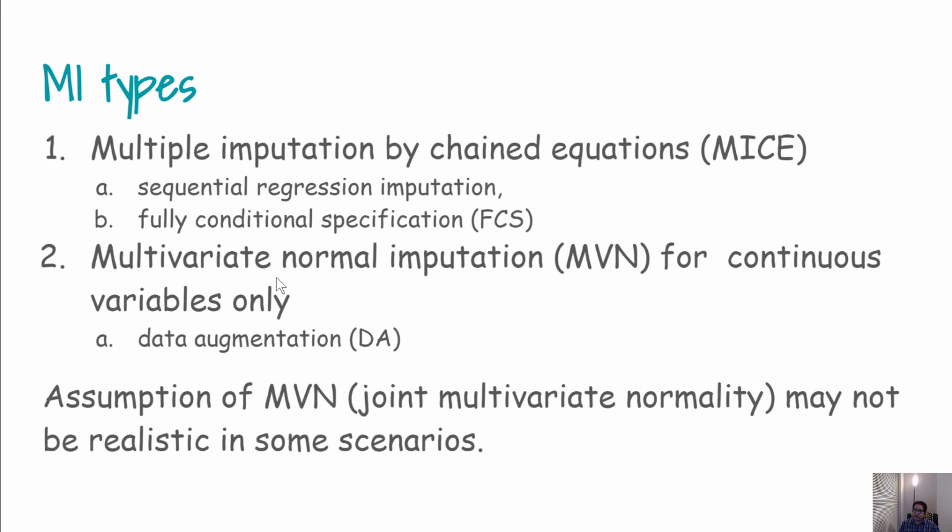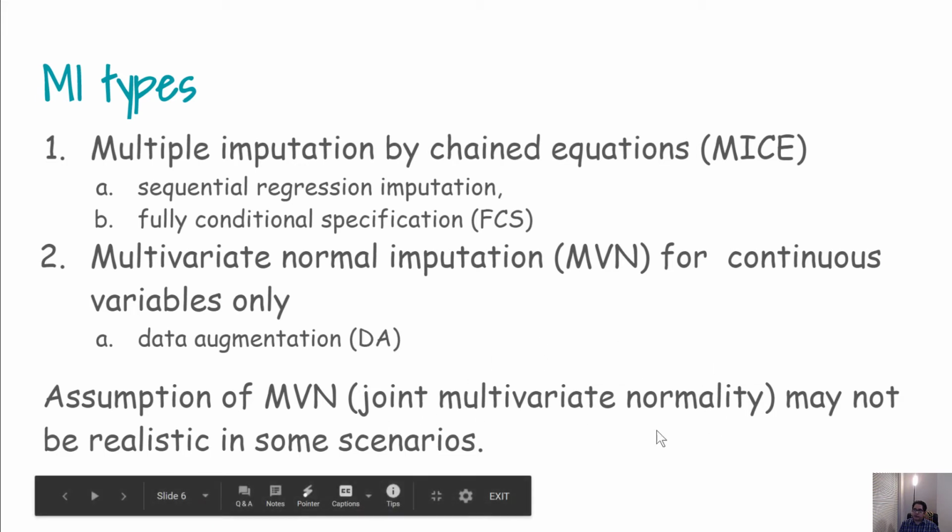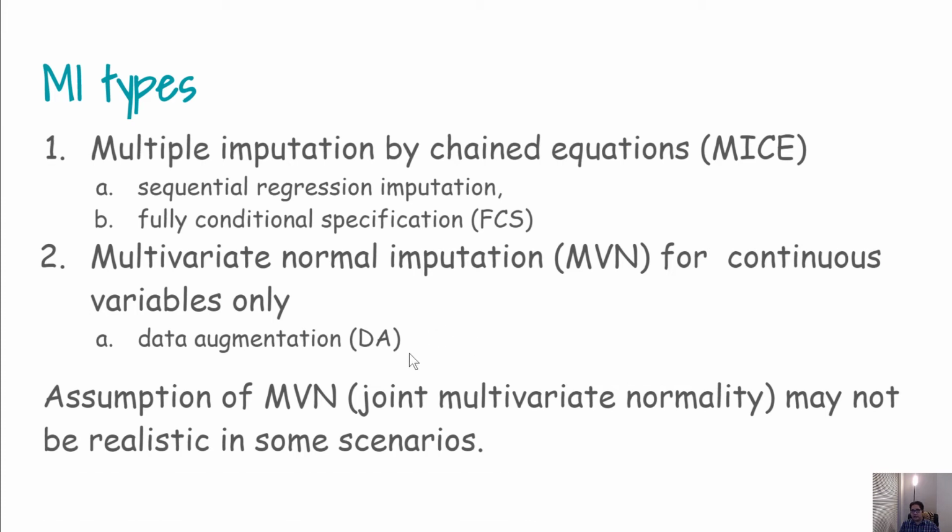There is another version of multivariate normal imputation, and it is only for continuous variables, and it uses the data augmentation to do the multiple imputation, but the joint multivariate normality assumption might not be suitable or realistic for many scenarios. That's where this MICE is a very robust algorithm where it can deal with any type of variables, continuous, categorical, binary. So this multiple imputation is gaining more and more popularity.